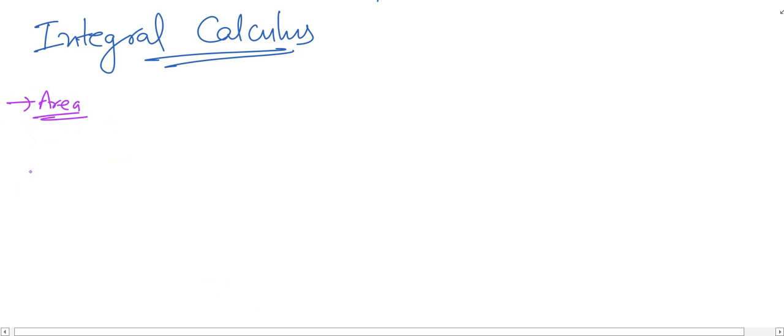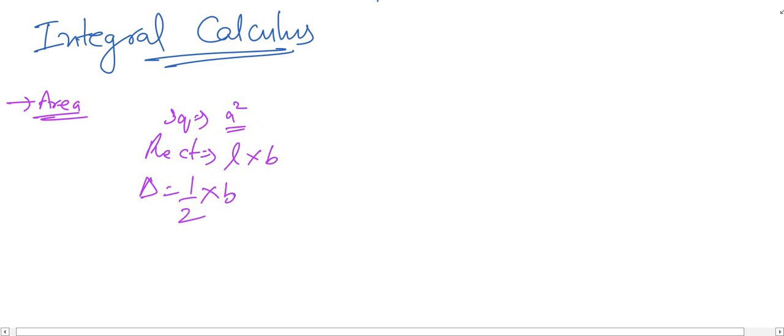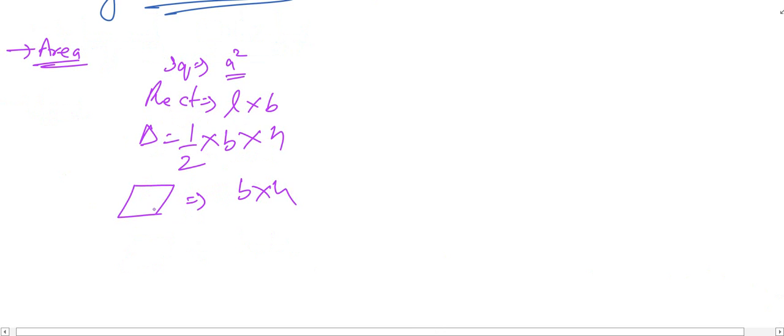If the figure is a square, then its area is a square, where a is the side of the square. If it's a rectangle, then it's length into breadth. If it's a triangle, then it's half into base into height. If it's a parallelogram, it's just base into height. And if it's a rhombus, it's half into the product of diagonals, that is d1 into d2, and so on.